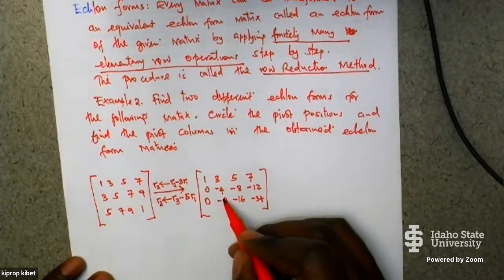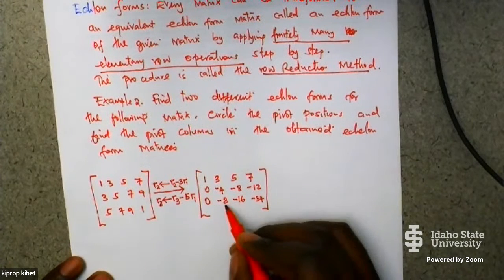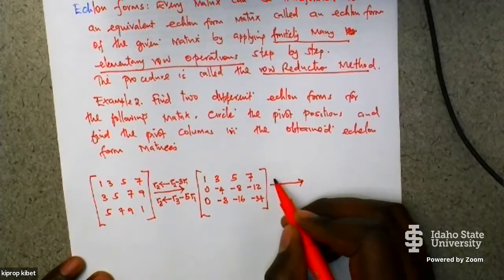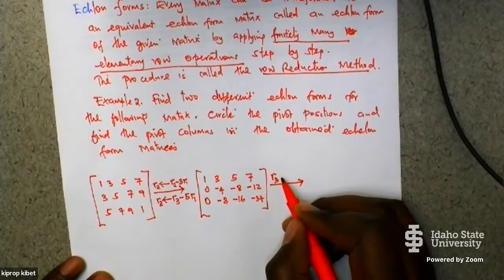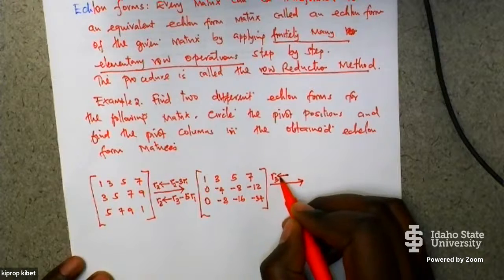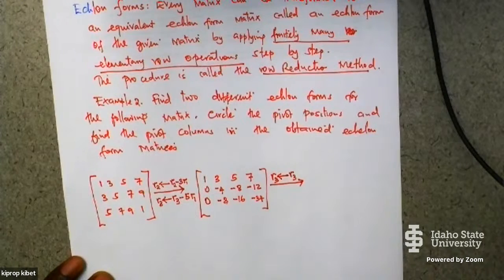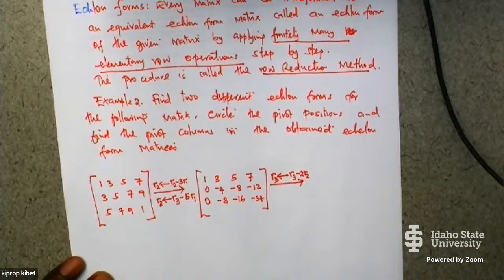Then again, we want to make this one to be 0. So our new R3 will be R3 minus 2R2.